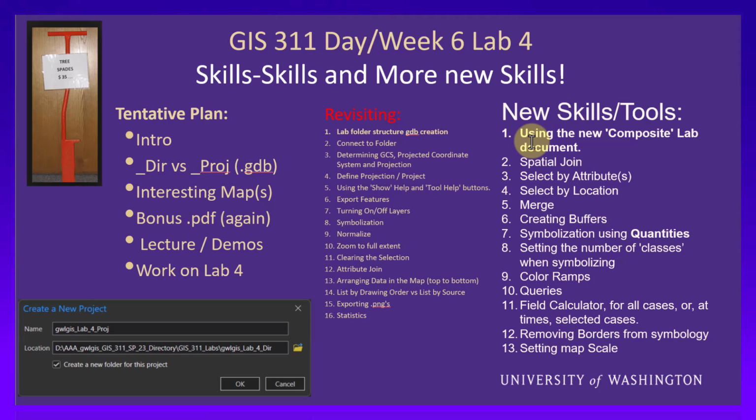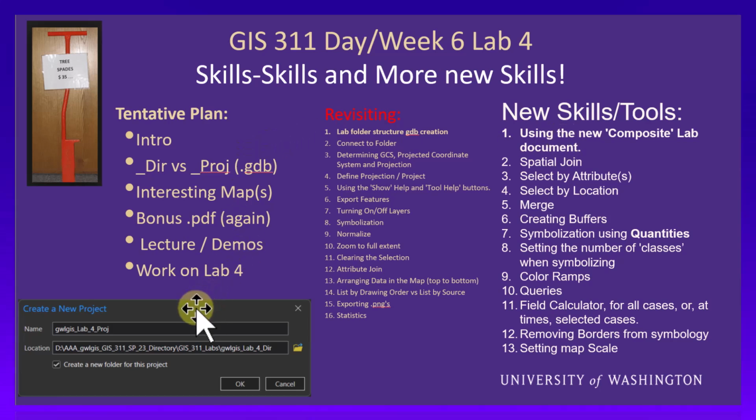You've actually done that previously, but we're going to dive a little bit deeper. You'll be setting the number of classes when symbolizing, how to use different color ramps, how to perform queries. You'll be using the field calculator for all cases or at times selected cases. You'll be removing borders from symbology so that it's more easily viewed, and setting the map scale.